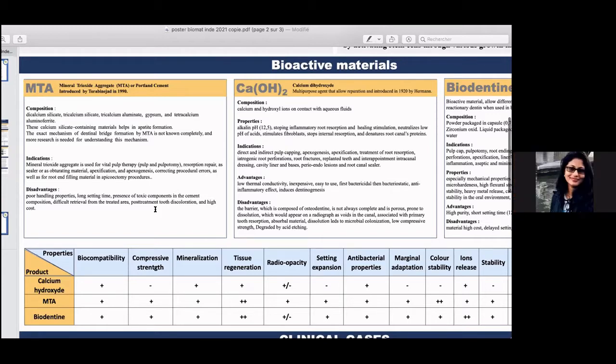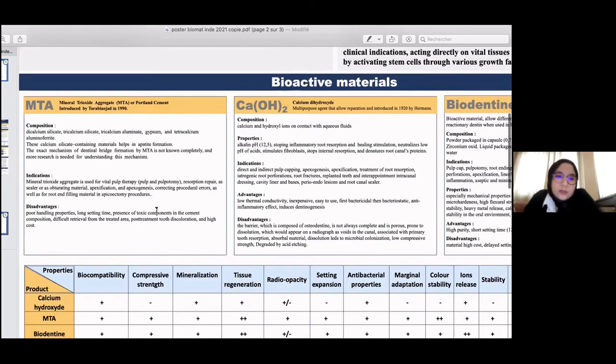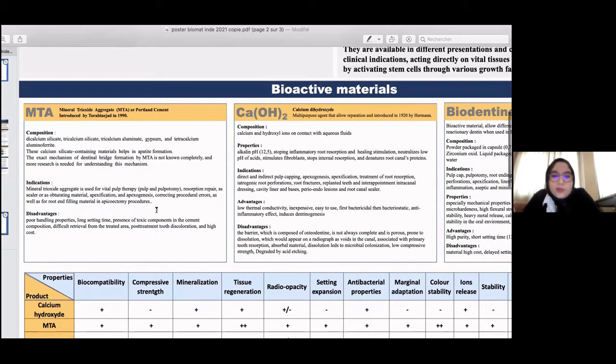Its main disadvantages are poor handling properties, long setting time, presence of toxic components in the cement composition, difficult retrieval from the treated area, and post-treatment tooth discoloration. Also its high cost.